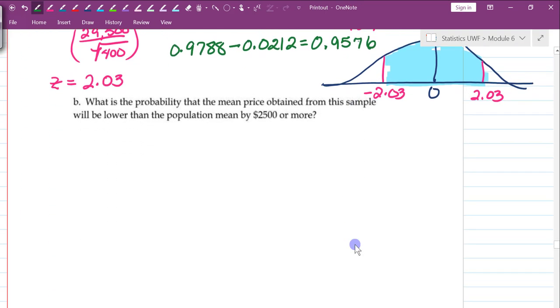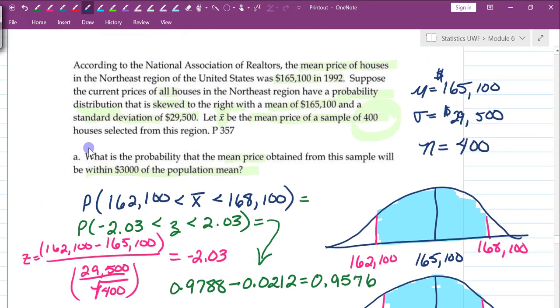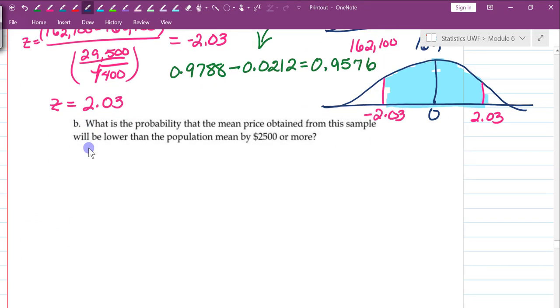Now let's move on to this right here. It says, what's the probability that the mean price obtained from the sample will be lower than the population mean by 2,500 or more? By 2,500 or more. So we're going to draw a picture. Let's see here, what was our mean? Our mean was 165,100. So 165,100, subtract off 2,500.